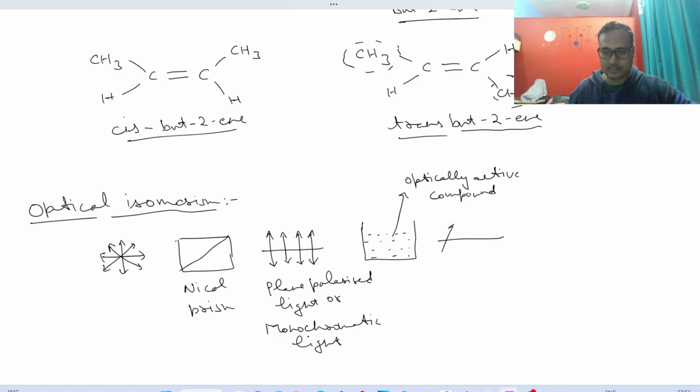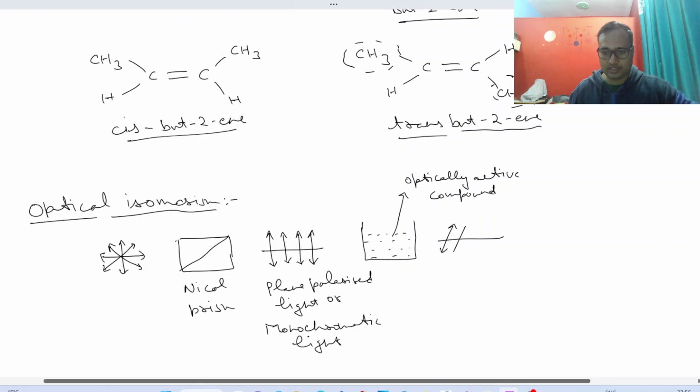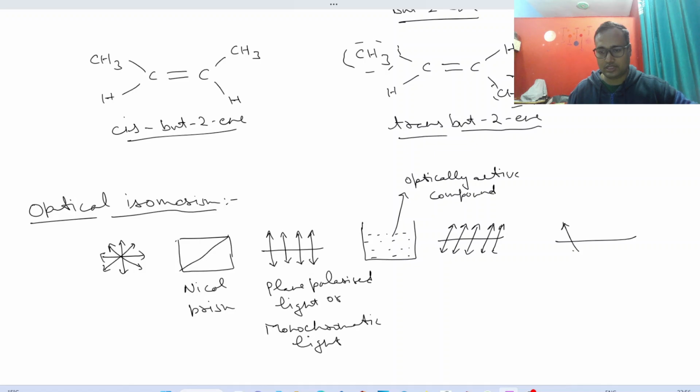Either it bends the plane of the monochromatic light towards the right, or it can bend the plane of the monochromatic light towards the left. If it bends the plane towards the right, we call it dextrorotatory.